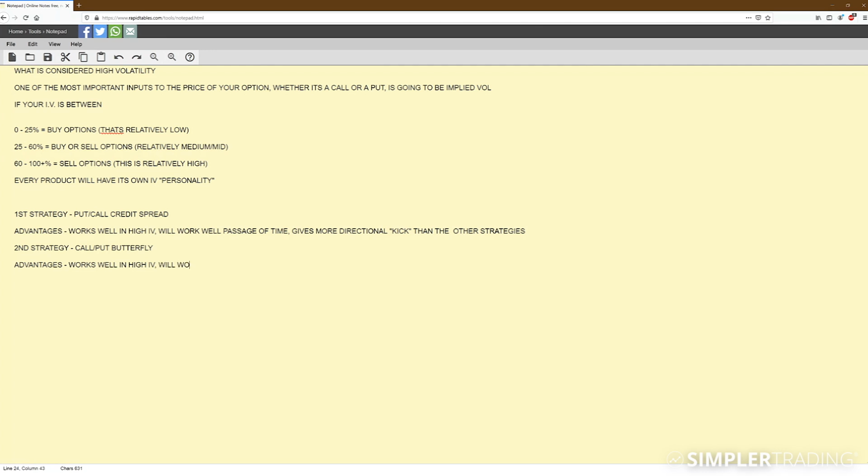Will work even better. Let me put usually, because you can set it up so that it doesn't, but usually it will. Neutral direction.